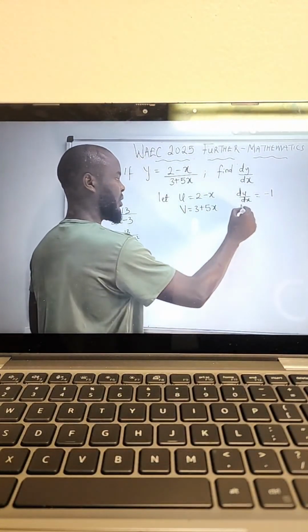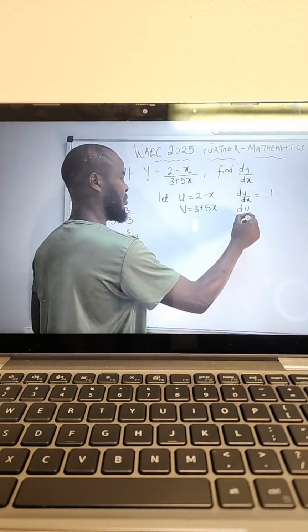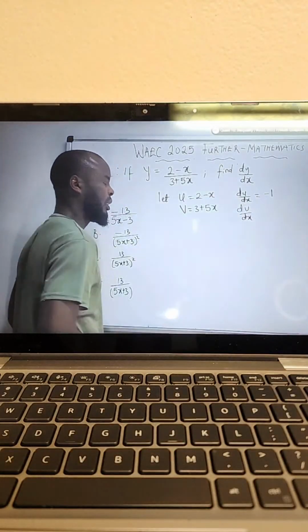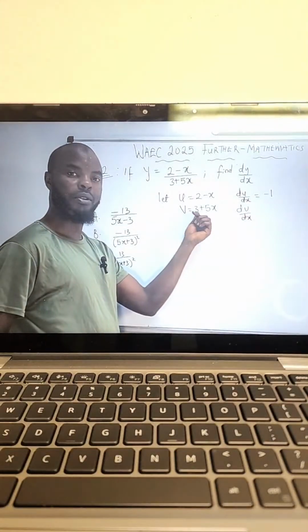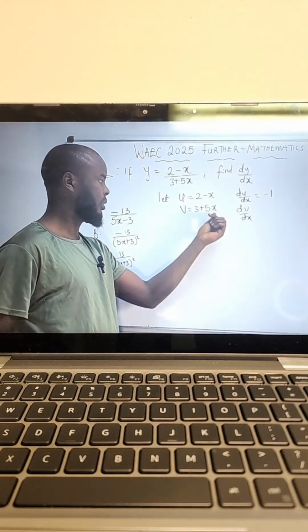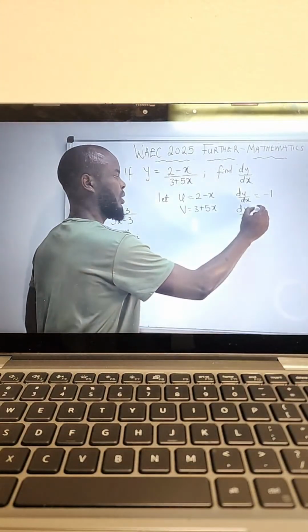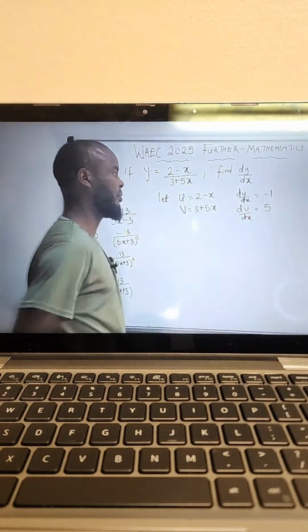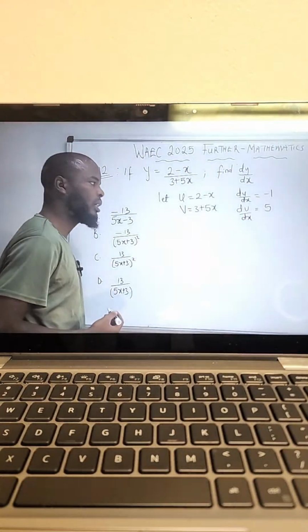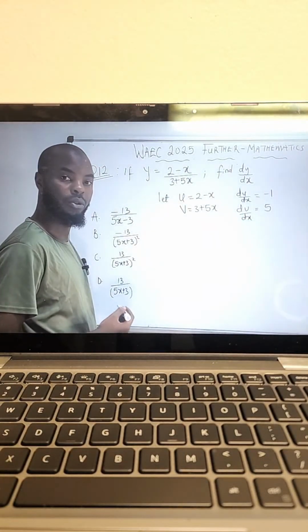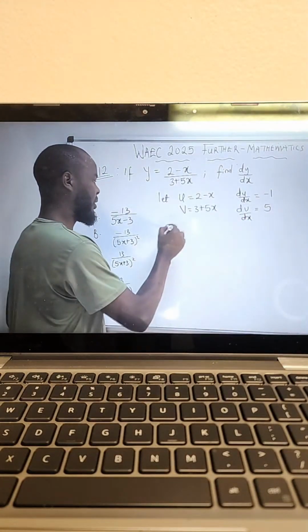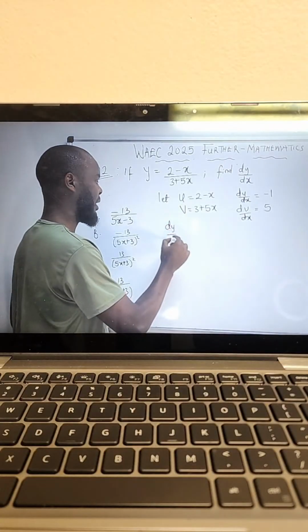What about if you differentiate v with respect to x? Like I said, 3 is a constant. Don't worry about this. 5x, if you differentiate 5x, this is going to be 5. Now, what is the formula for the quotient rule? Okay. Now, the derivative, dy/dx.